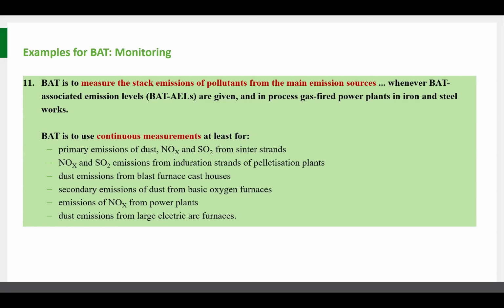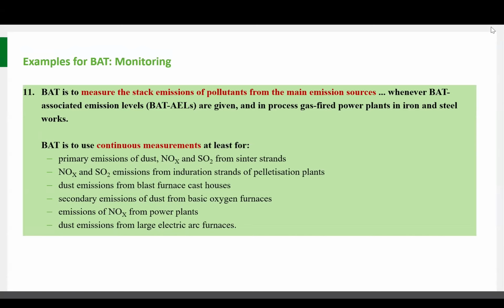So that's the general requirement to measure stack emissions. That means usually to monitor them periodically. And in addition to that, the BAT conclusions also include the requirement to use continuous measurements for specific pollutants at the individual plant types, for example, for dust and NOx and SO2 from sinter strands, and so on.